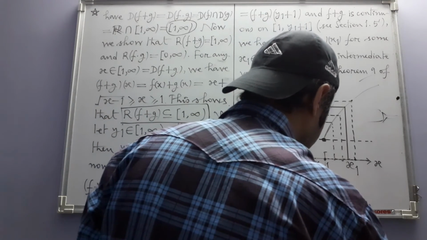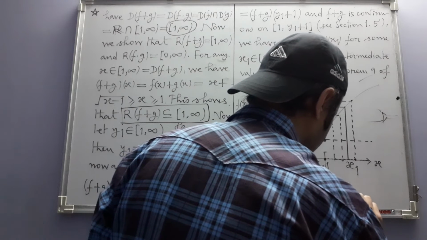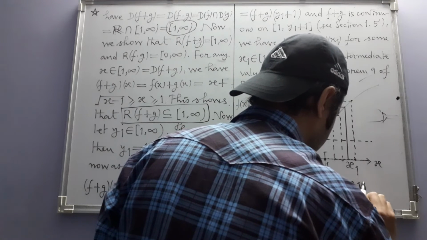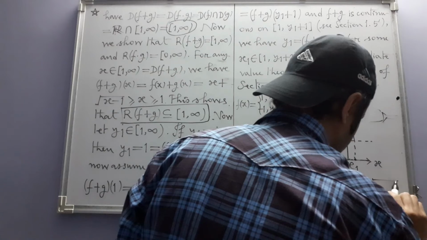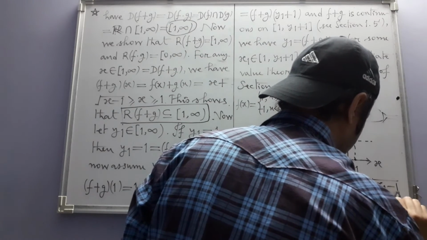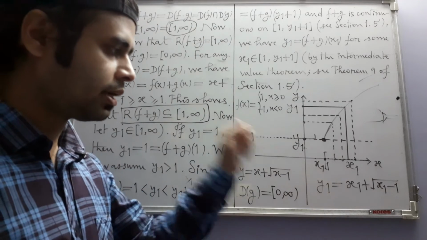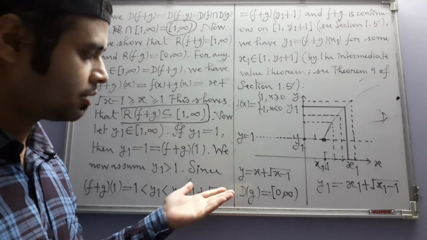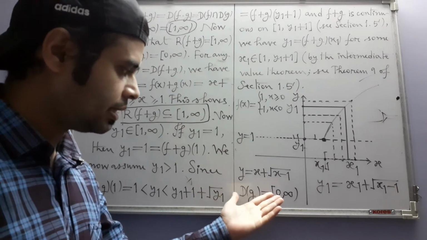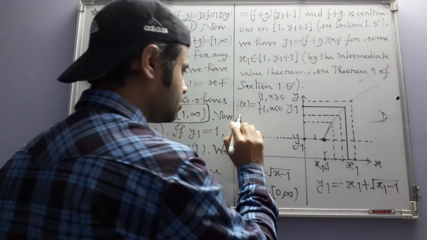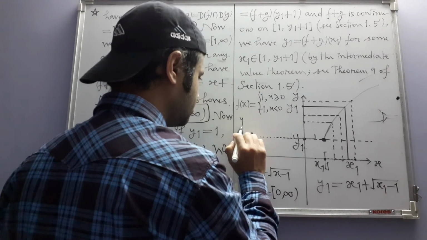What you have to do is this. You have to solve this equation for x1 in terms of y1, because when we found the range of G, there also we solved this equation, right?